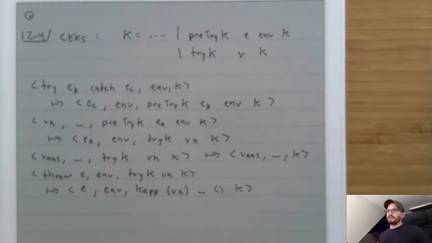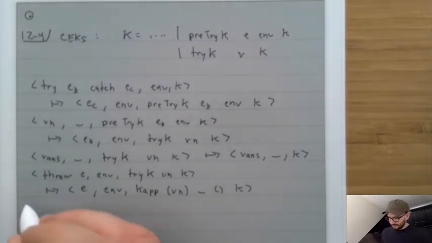But now, what if there were a throw that wasn't right adjacent to a try K?